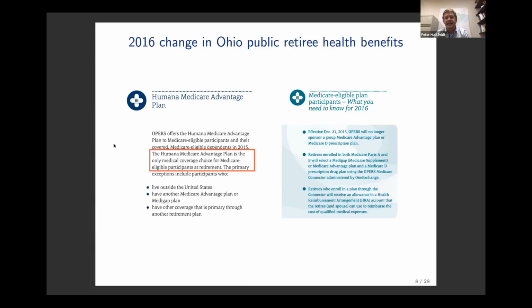But in 2016, the state no longer sponsored this plan. And basically they were able to select a Medigap plan or a Medicare Advantage plan and a Medicare Part D plan using this connector system that displayed public options for retirees.